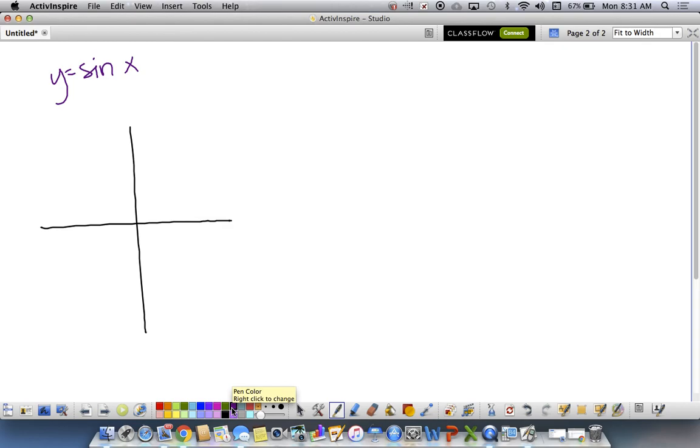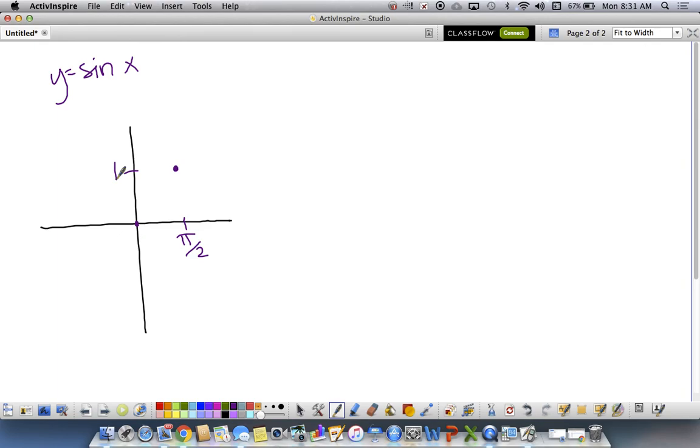It starts at 0, 0, and then it goes up to pi over 2, so maybe pi over 2, 1. That's another point. Then we go to pi, 0. This is the graph that you're going to do the inverse of.